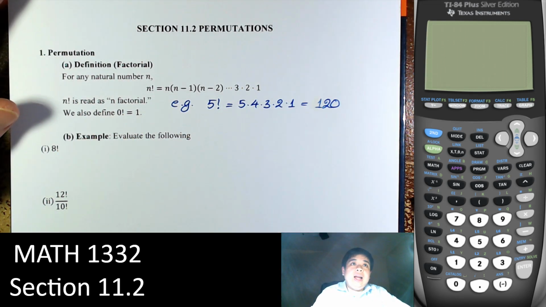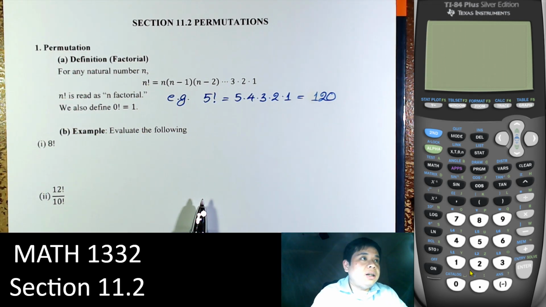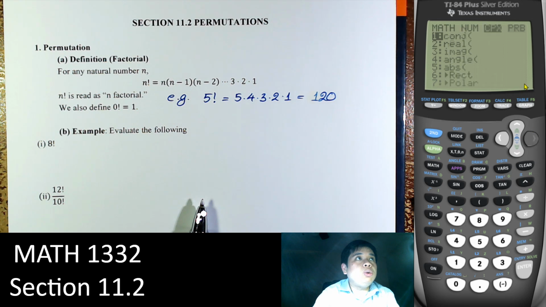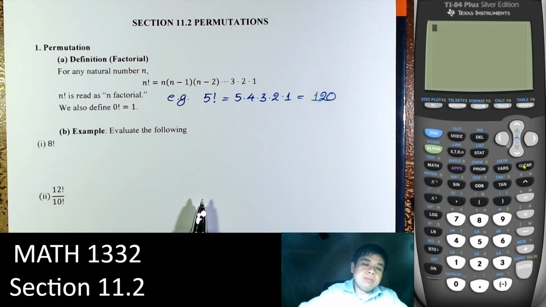And on the calculator, if we want factorial, hit math, go to probability, option number 4. But before that, we have to hit 5, and then that gives 120.